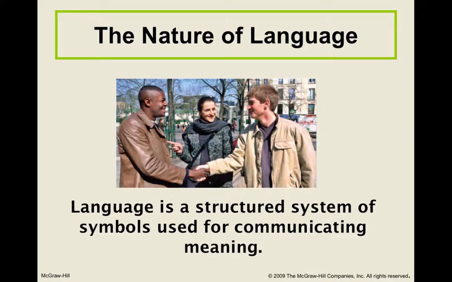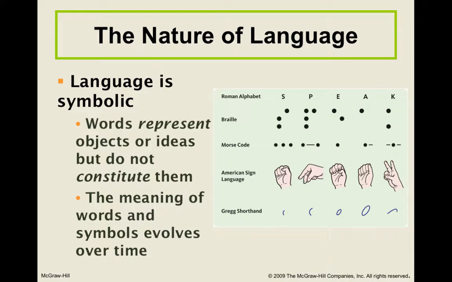Also, our brains and bodies are designed to be able to use language in a much more complex and intricate way. Language is the use of symbols. Language is the specific use of words, whether they're written or spoken or signed or put in shorthand, to create meaning. Words are symbols that represent ideas or objects. They do not, however, constitute those objects.